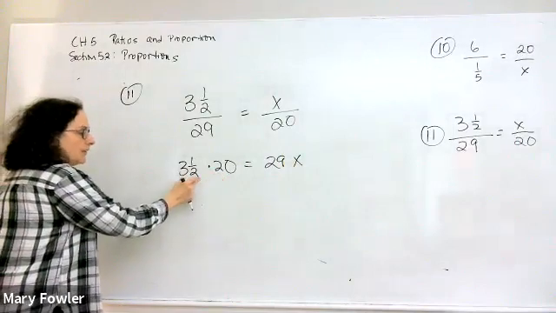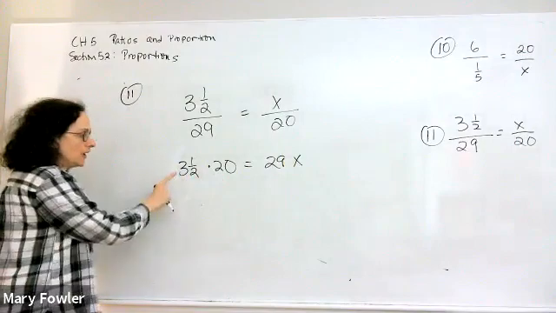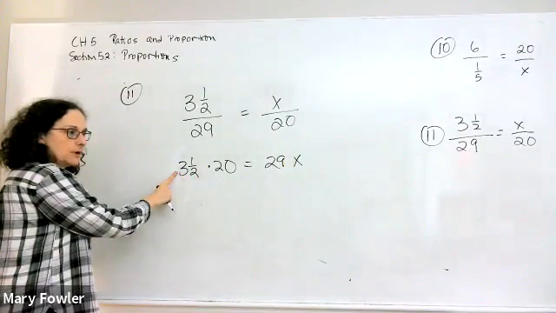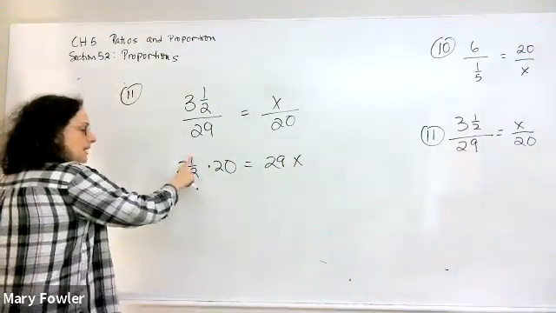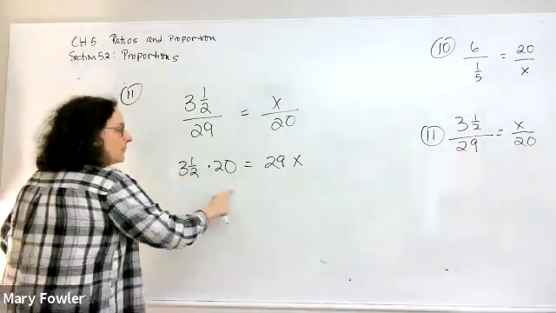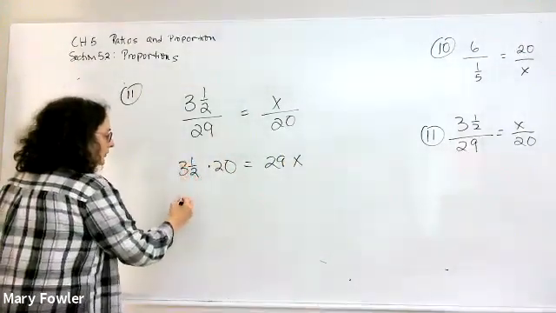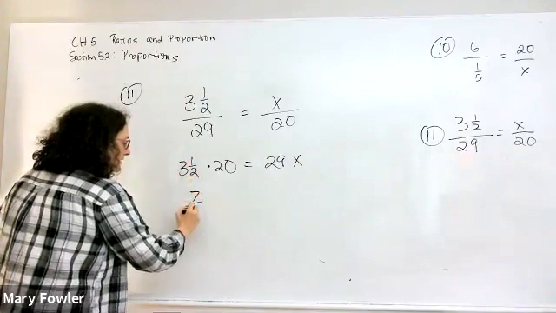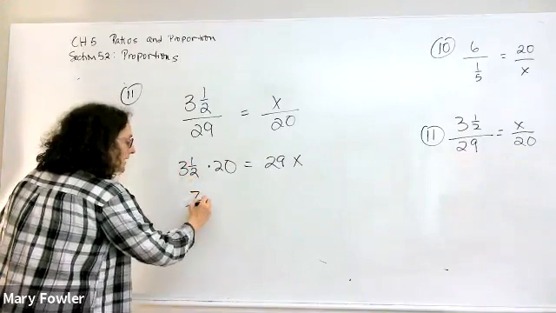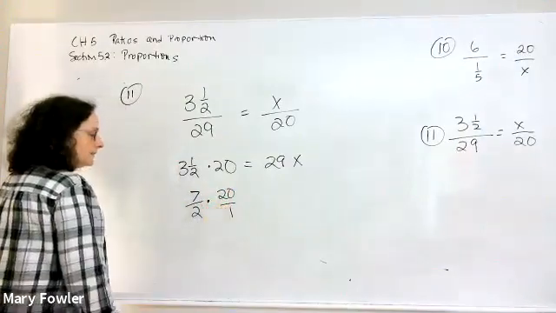When multiplying, when there's a fraction, everything has to go to improper. So we're going to represent 3.5 as an improper fraction, and we're going to represent 20 as an improper fraction. So 3.5, 3 times 2 is 6 plus 1 is 7 over 2, and 20 is 20 over 1.